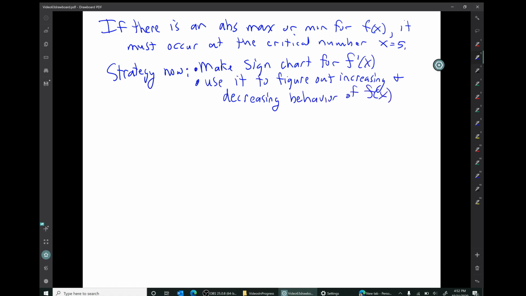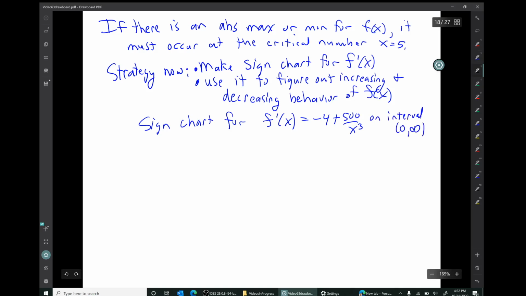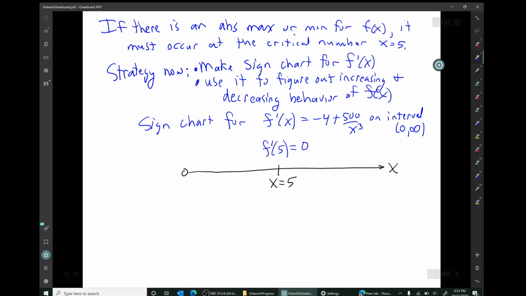Okay, so we're going to make a sign chart for our f prime of x, and it's on the interval from 0 to infinity. So there's our number line. Notice that the number line only has to go to x equals 0, and that endpoint is not included. So we're interested in this number line going to the right from x equals 0. So let's get some test numbers.